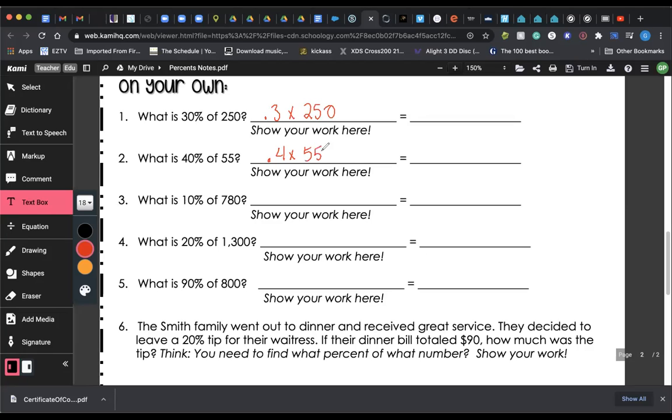Then 10% of 780. 20% of 1,300. Then 90% of 800. So just 1 through 5. We'll do the word problem together.